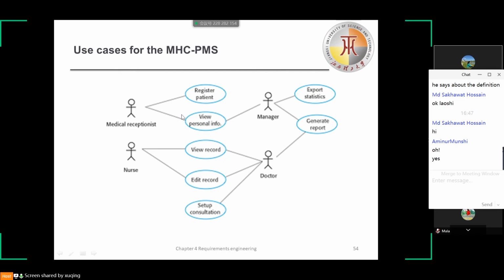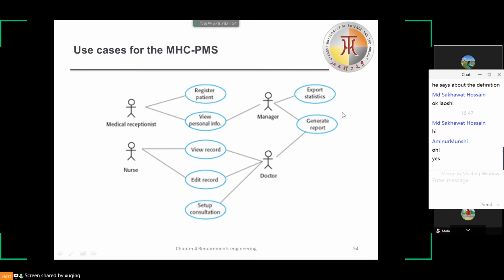That means receptionists can see the personal information. Managers can see it too. And managers and doctors will generate reports together. Nurses will, as we have seen before, view, record, edit record. Doctors can also do these things, and doctors can also set up consultation and generate report.